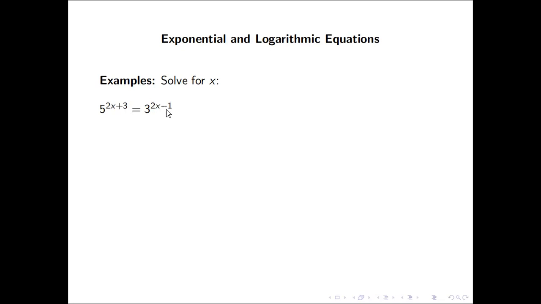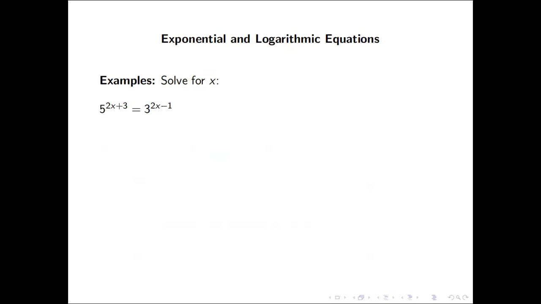A while ago, in my previous lecture, we solved exponential equations where you can convert to the same base. Like if you have 25 here and then 125 here, you can convert both to base 5. But we can't do that for this one. Now, to be able to solve this, we need to apply logarithms. Remember, logarithms undo exponentials. And we can use any base for our logarithm here.